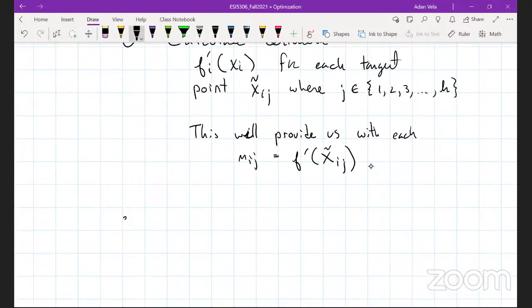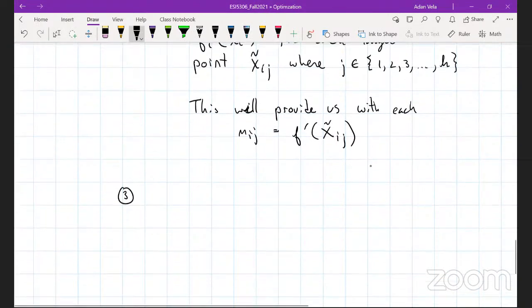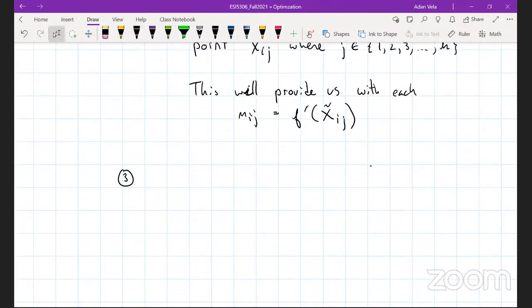Our next step is to calculate the y-intercept for each tangent line.